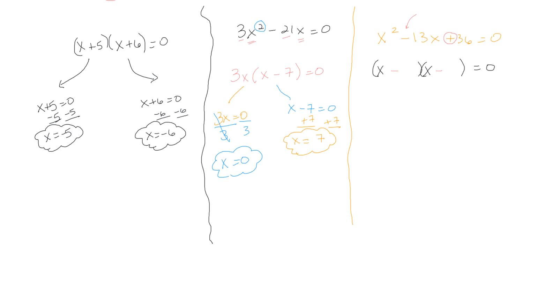The 36, I can do 6 times 6. 9 times 4. 2 times 18. 3 times 12. 36 times 1. Now, which of these are going to add up to give me 13? This one. So 9 and 4.